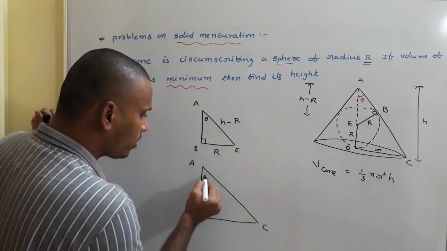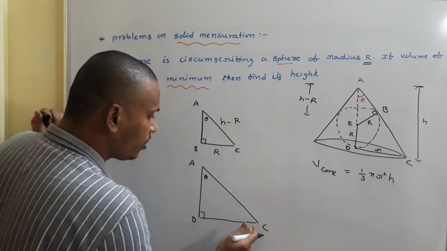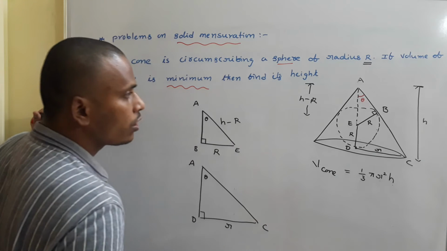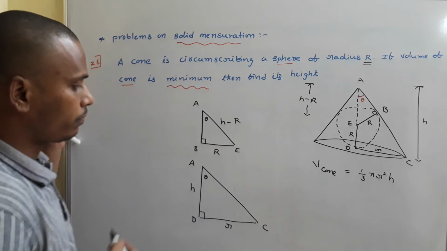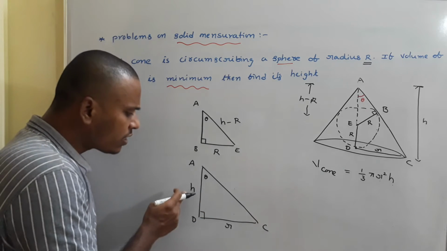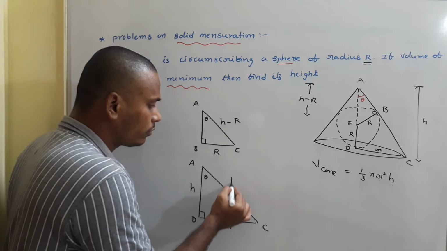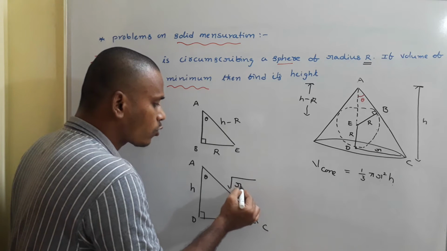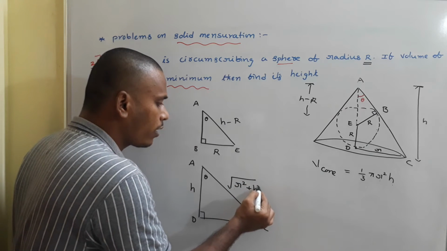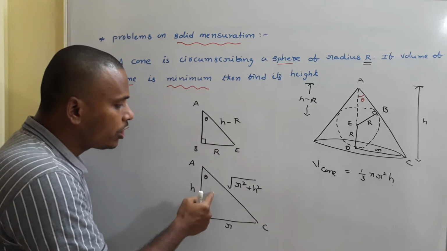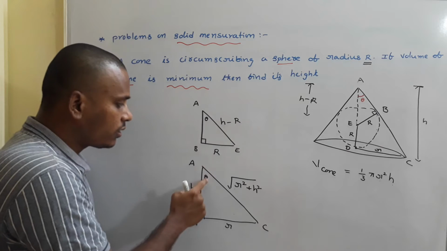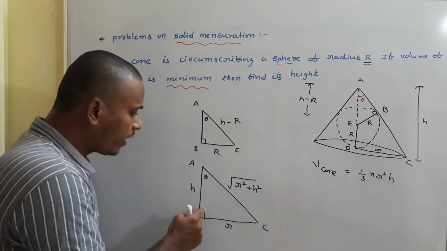Here we have 90 degrees and this angle is theta. DC is the base radius of the cone, small r, and AD is the height of the cone, h. Since these are h and r, the hypotenuse is the square root of r square plus h square.